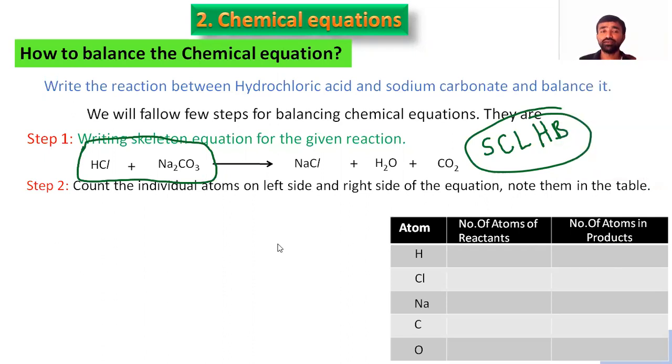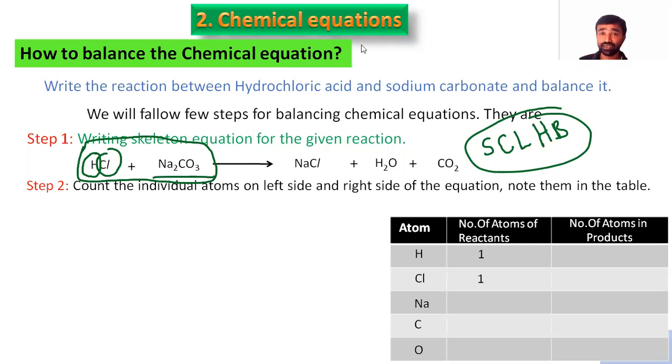First, LHS side. Hydrogen, only one atom there on LHS side in HCl. Only one. Next, chlorines. How many are there? In HCl only. There is no repetition of the atom in Na2CO3, so it is only one. Note down.